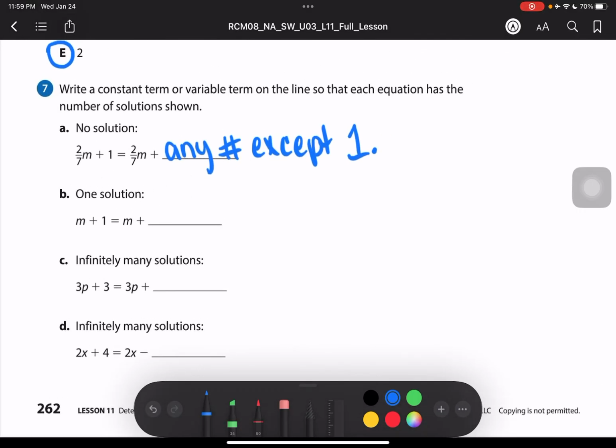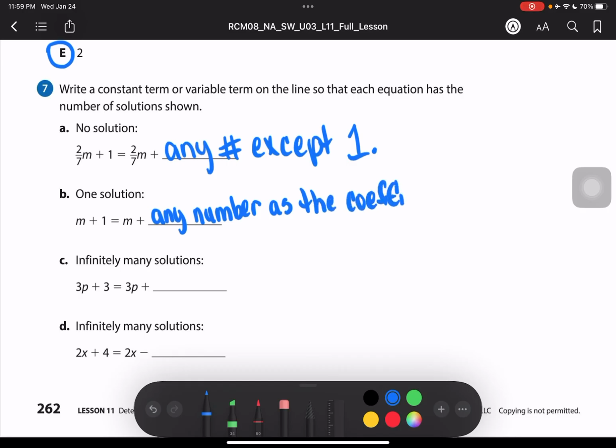If it's one solution, you could have any number as the coefficient.